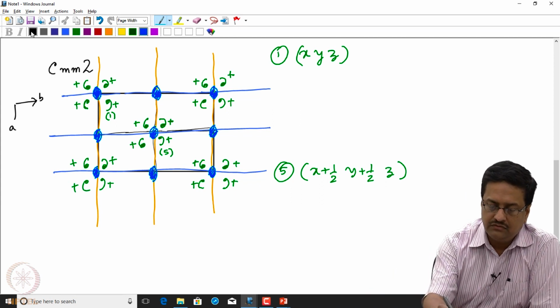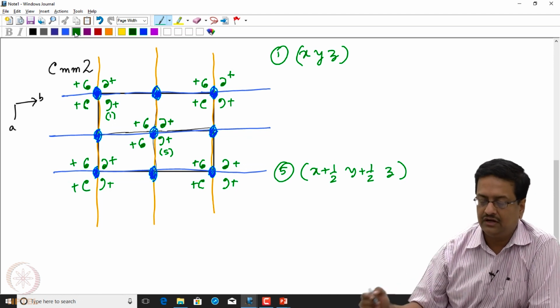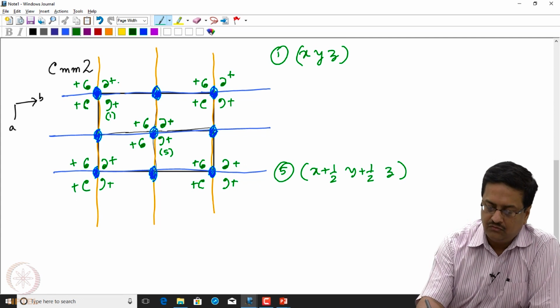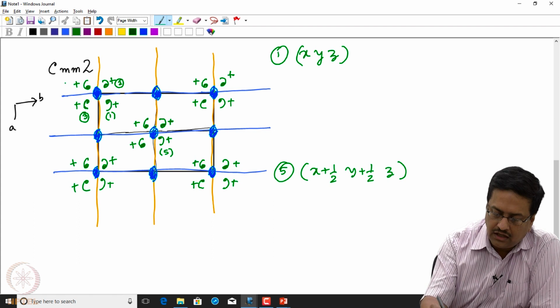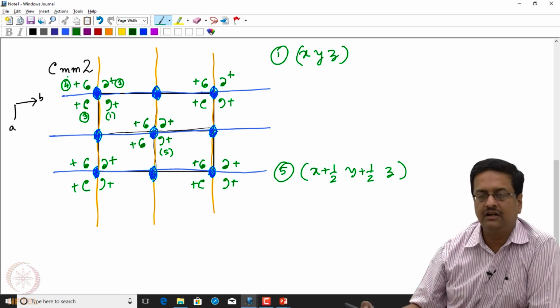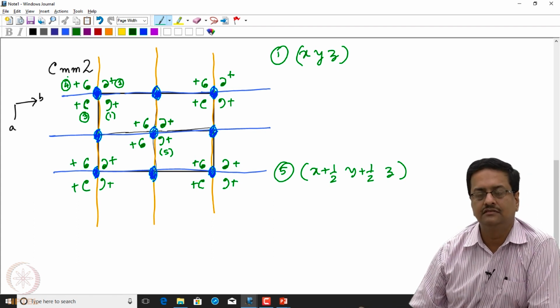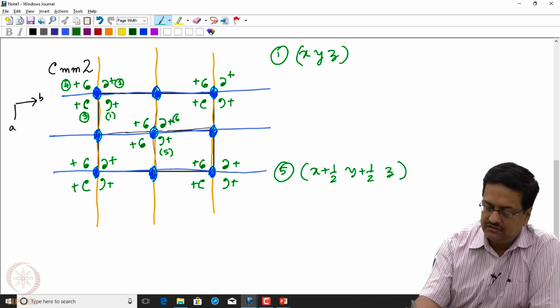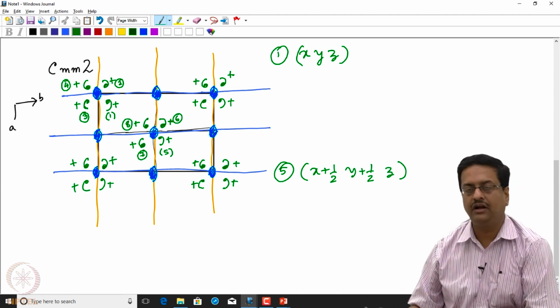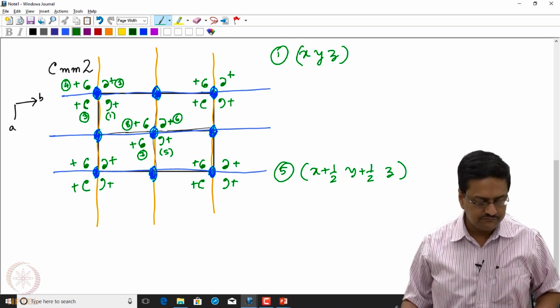So points 1, 2, 3 and 4 correspond to the first equivalent point, that is x, y, z, and 5, 6, 7 and 8 are equivalent points corresponding to the center atom.